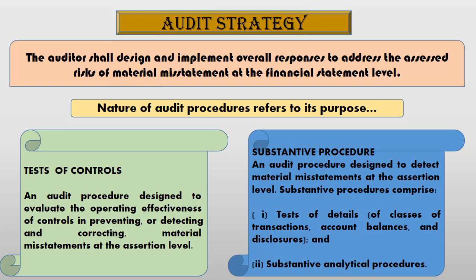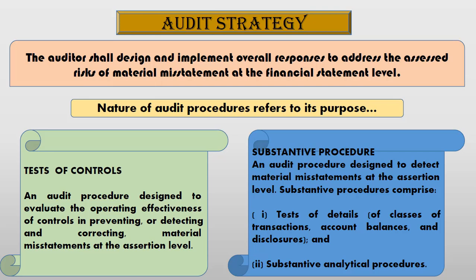The second one is substantive procedure, an audit procedure designed to detect material misstatements at the assertion level. Substantive procedures comprise test of details and substantive analytical procedures. Test of details includes test of transactions, and test of account balances and disclosures.